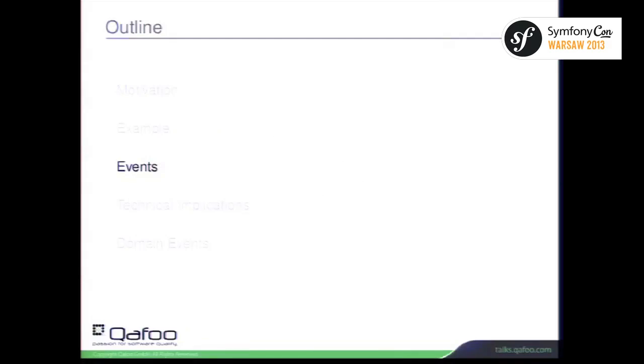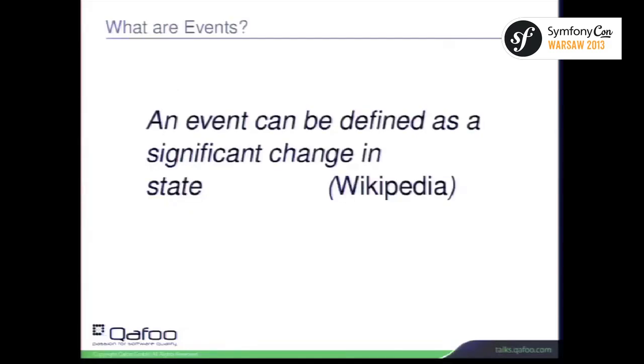One way to decouple applications even more is by using events. So what is an event? An event can be defined as a significant change in state. We have some state somewhere. Maybe it's a Doctrine model, maybe it's a Propel model, or some kind of model we built ourselves. It's some data in our application, and it changes.